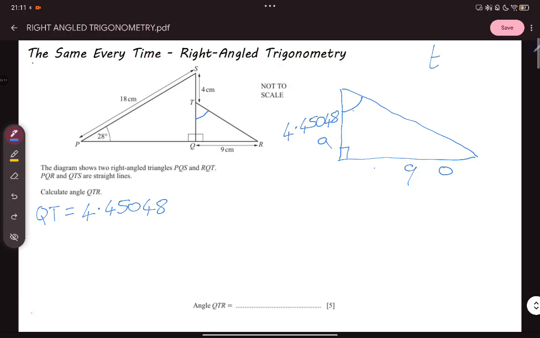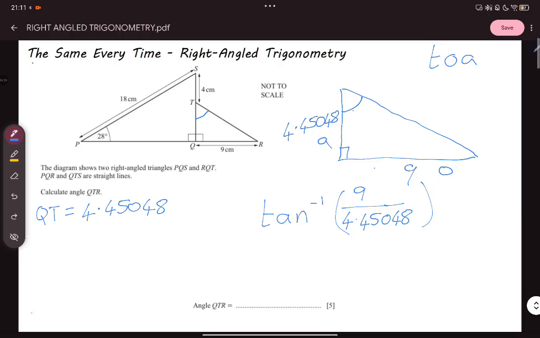So remembering SOHCAHTOA, it's tan, isn't it? So to find an angle, we need to do the inverse tan, thinking back to the first video of this one. O divided by A, 9 divided by 4.45048.